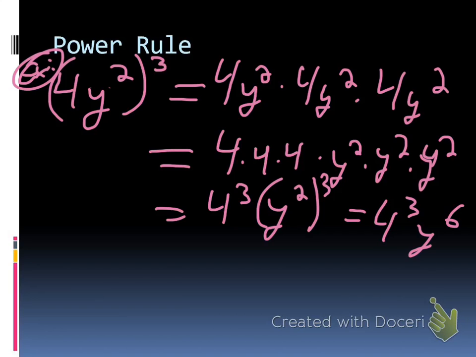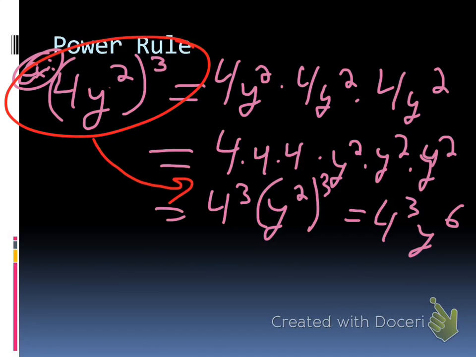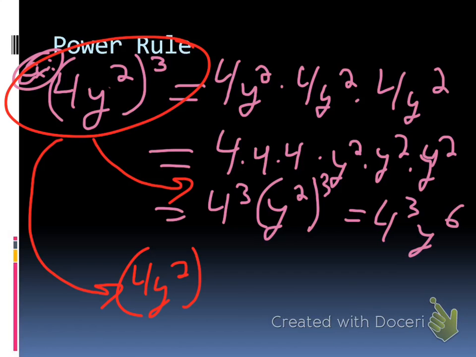My point here is that I think we can go from here to here pretty quickly, and I'll show you how. Let's just do it again. 4y squared, cubed, is actually 4 cubed times y to the 6th, because it's a little bit like the distributive property in that I have to take this cubed and apply it to the 4 and apply it to the y squared.